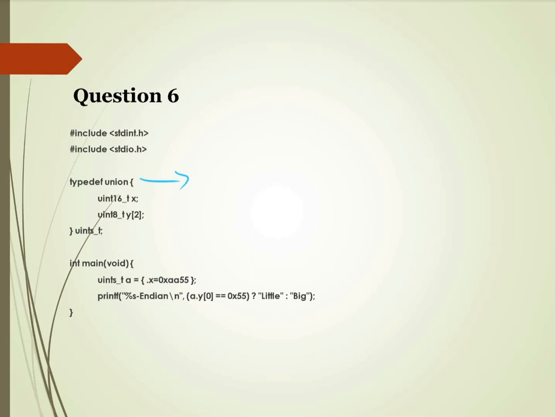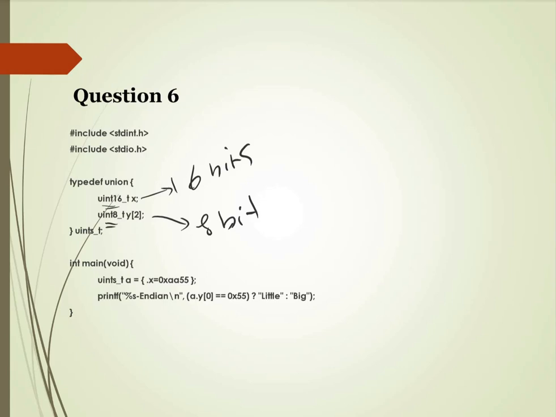In this case, we define a union where x is 16 bits and y is 8 bits, look at the uint16 and uint8. However, y would be an array of 2.